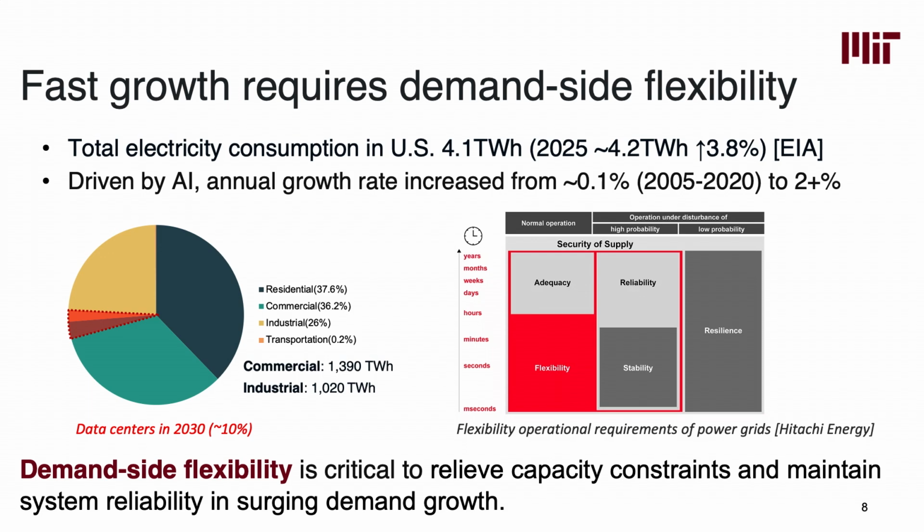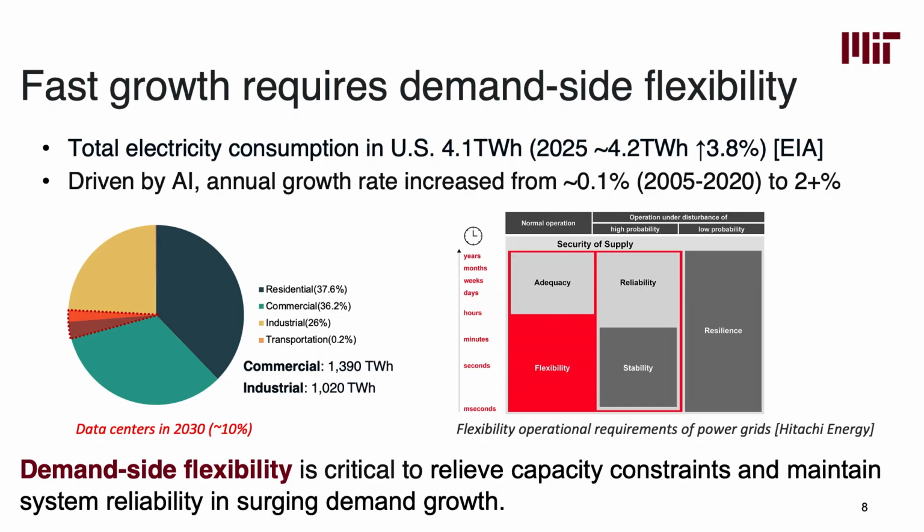What's going to happen if we don't have them, or if we have these additional oscillations injected into the grid? So the statement here is that demand flexibility is very important in terms of all the aspects: energy adequacy, stability, and reliability.